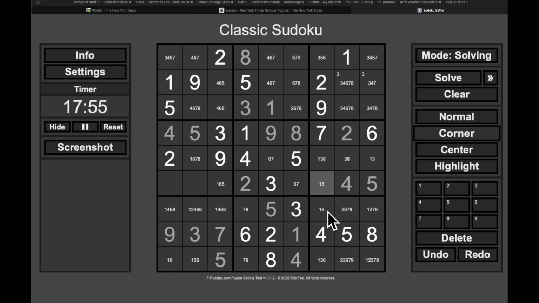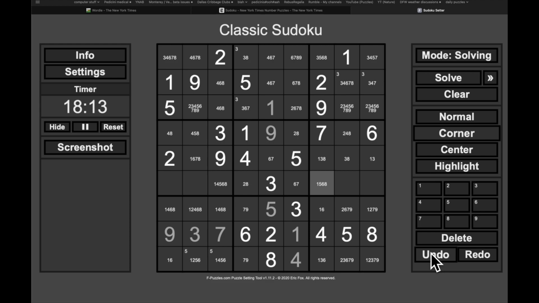I think it is. 9 has to go in the bottom. Yeah, that's a problem. Okay, 9 must go in one of these two cells.